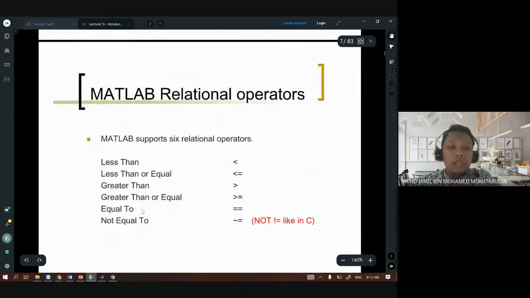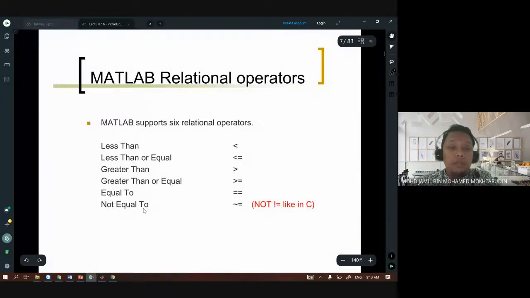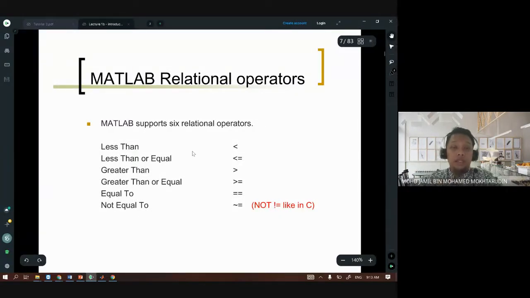Okay, so in MATLAB there are relational operators. These operators will be used in if-else statements. Later we will see what is an if-else statement, maybe not today. Usually in MATLAB it will use the usual symbols, like less than, less than or equals, or bigger than or equals.